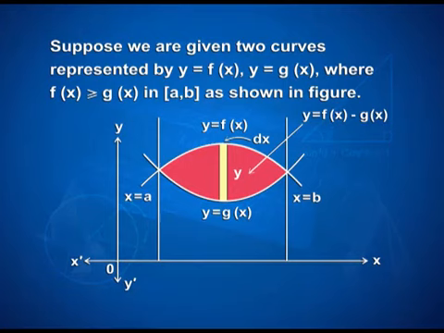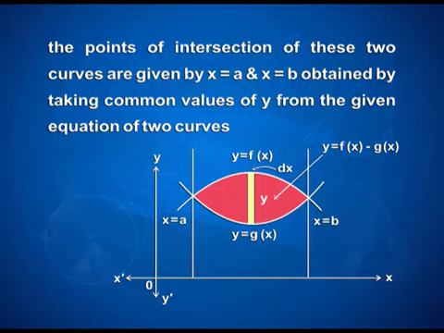We have here two curves as y is equal to g of x and y is equal to f of x with a width d of x and y as the height, that is equal to f of x minus g of x. Here the points of intersection of these two curves are given by x is equal to a and x is equal to b, obtained by taking common values of y from the given equation of two curves.